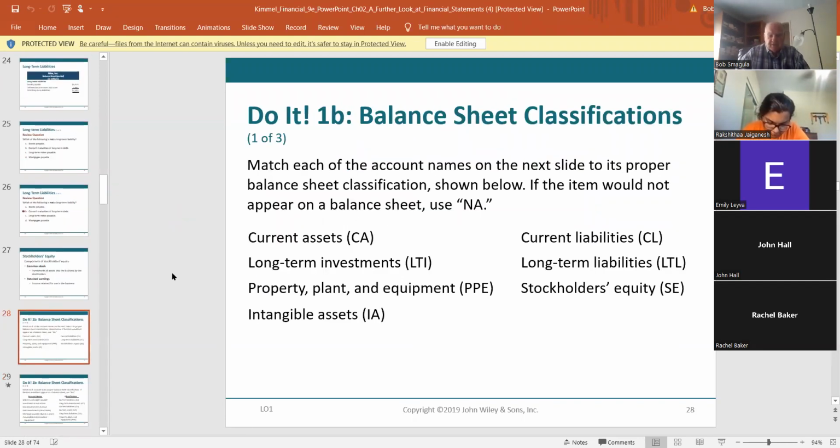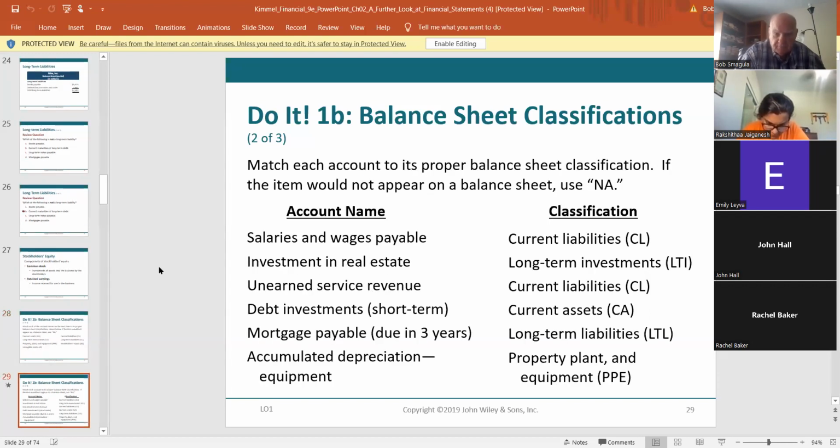Balance sheet classifications. Okay, we've been over this a little bit now. Current assets, long-term, the fixed assets, intangibles, and then you have the current liabilities, long-term, and equity. So what they're saying here on the balance sheet that we're looking at in this chapter, it's got 7 subtotals. Match each item to its proper balance sheet classification.